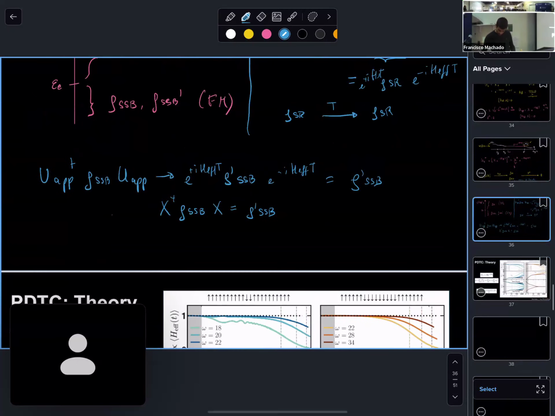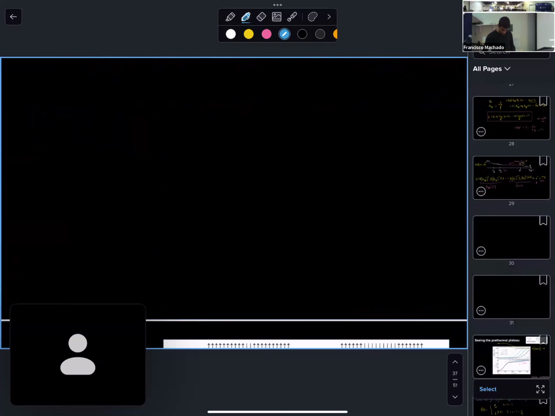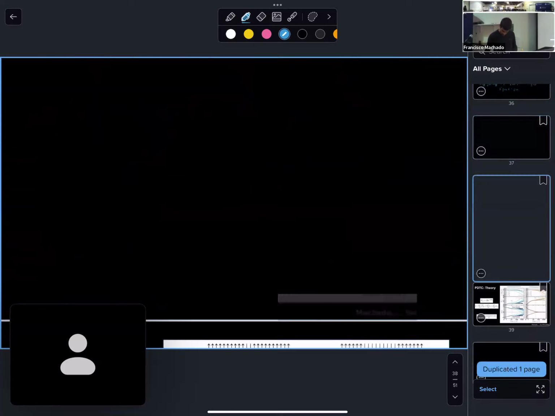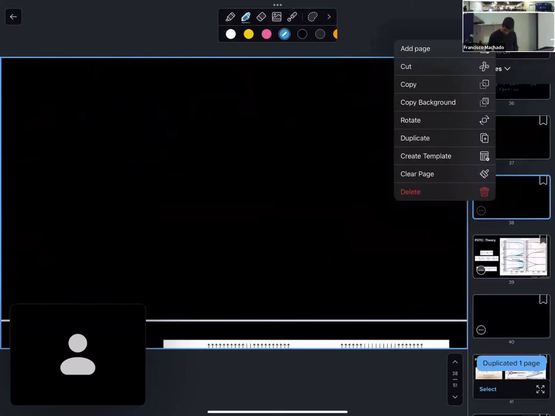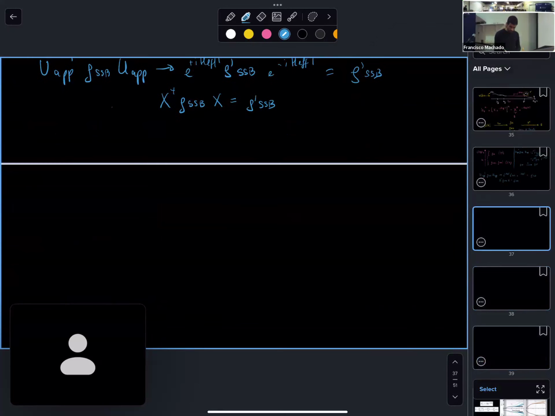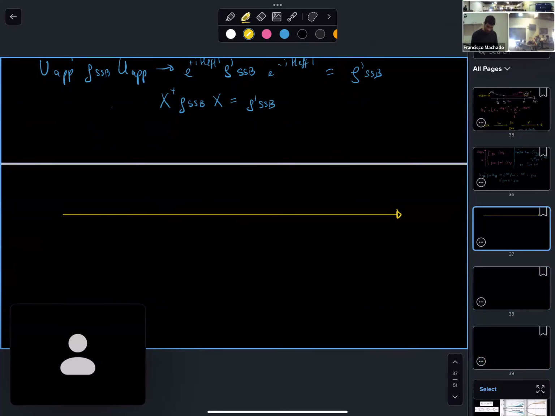Before going into that, let me grab some additional writing space. The dynamics of my system is going to be different in these two regimes. So in the symmetry respecting state, I start with some initial state.